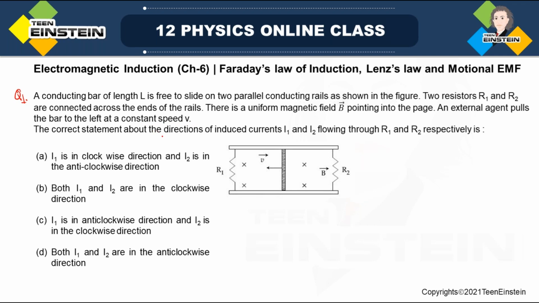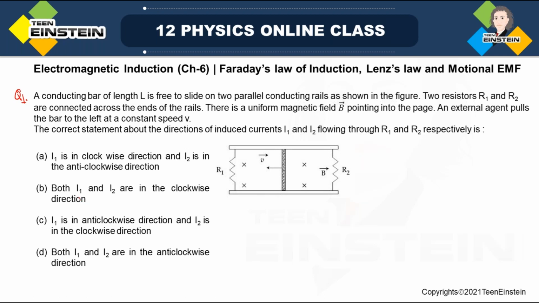The correct statement about the direction of induced currents I1 and I2 flowing through R1 and R2 respectively is: first option, I1 is in the clockwise direction and I2 is in the anti-clockwise direction.